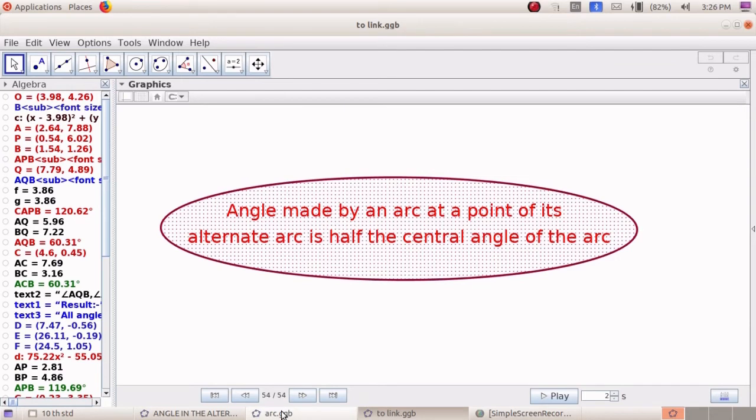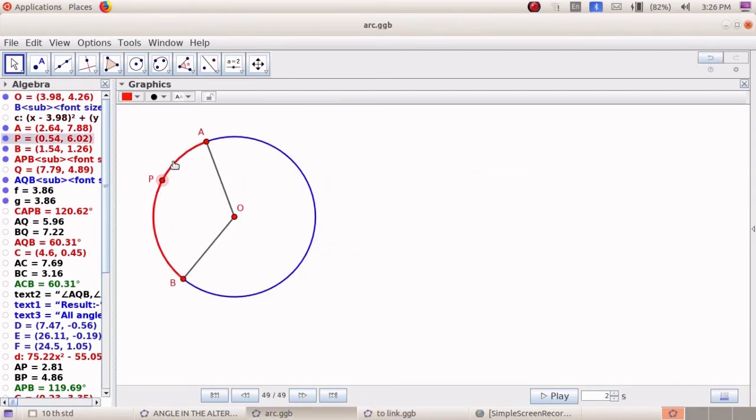Okay, now see the figure. Here APB is an arc, angle AOB is its central angle. If we join the end points of arc APB, that is A and B, to a point Q on its alternate arc, we will get an angle there at its alternate arc.